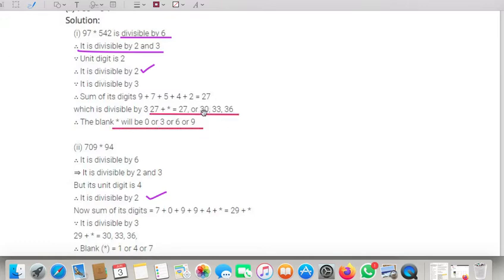If I equate it with 30, then this will come out as 30 minus 27, which is 3. First value is x equals 27 minus 27, which comes out 0. Second value, we equate it to 30, so it comes out 30 minus 27, that is 3.